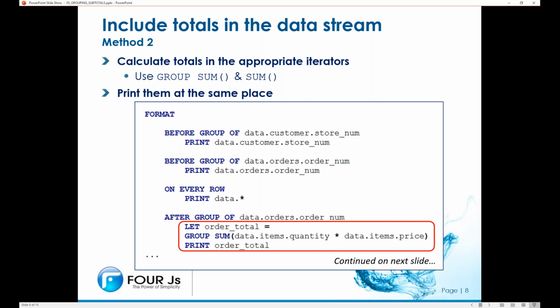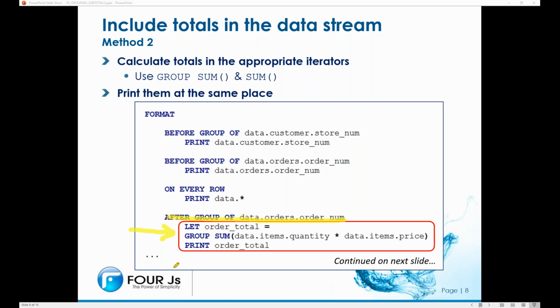Instead, we're computing the total when a group is changing. So at this point, it's been sending across every row, but when the group changes, after group of order num, so when the order num changes, I take that time to do a group sum statement to sum the values of the quantity and the price for that order total.